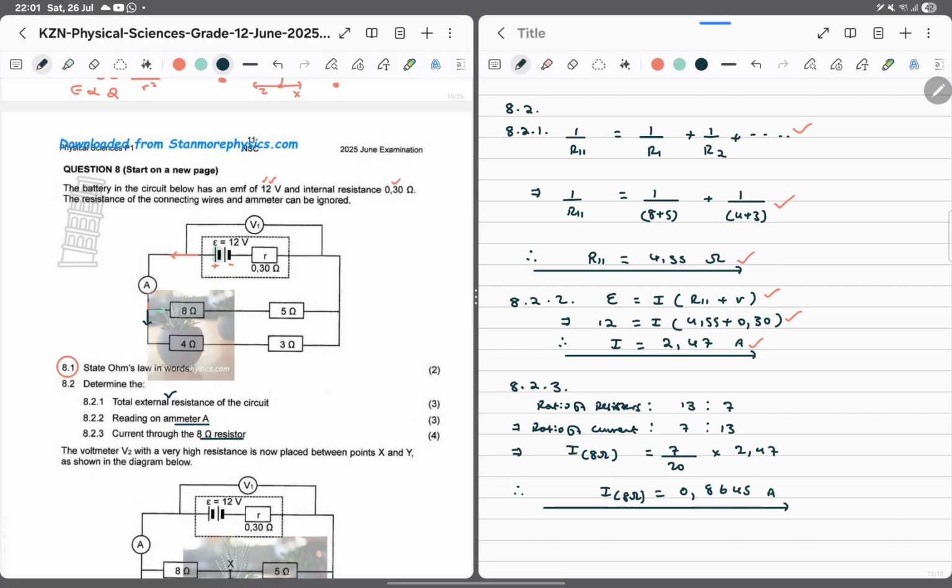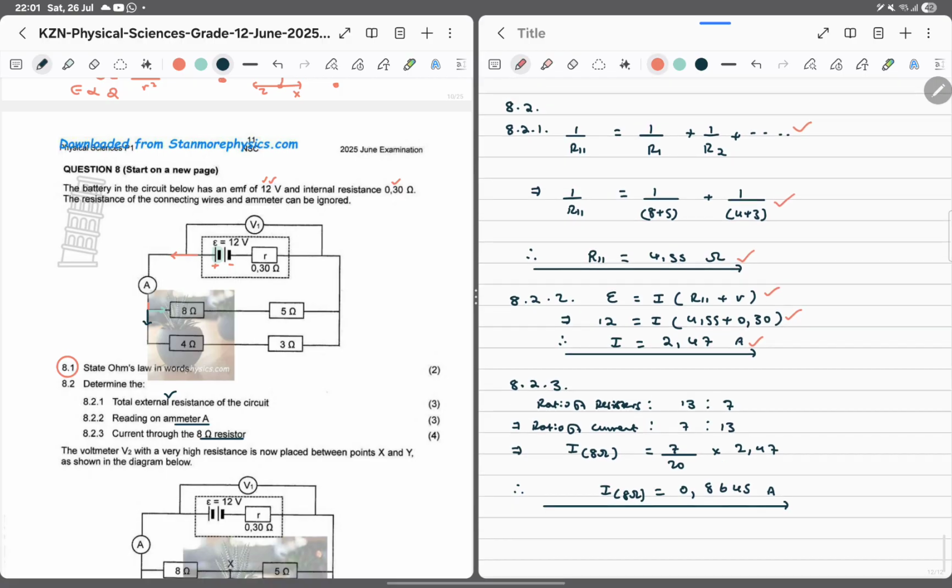Again, guys, one can still use the R parallel and the total current to find the voltage across the parallel resistors, all of them. Then take that same voltage and divide it by the top branch of resistors together to get that current. It should be the same. All right, good.